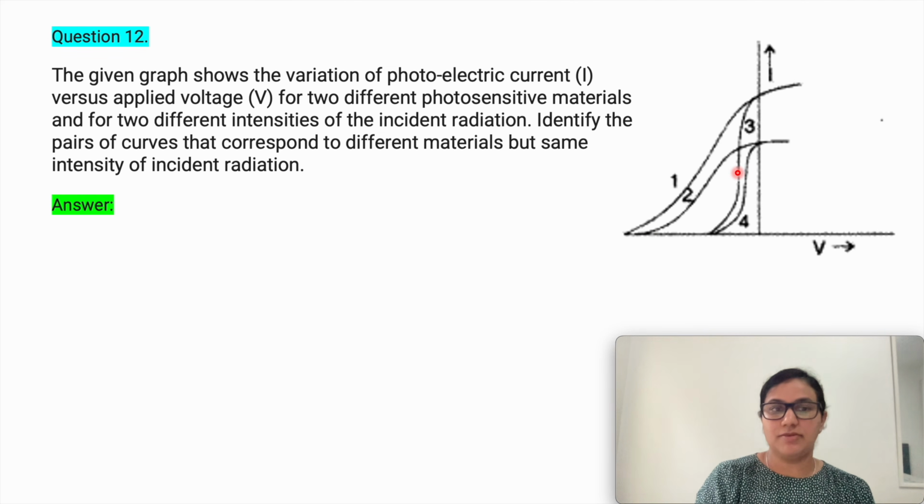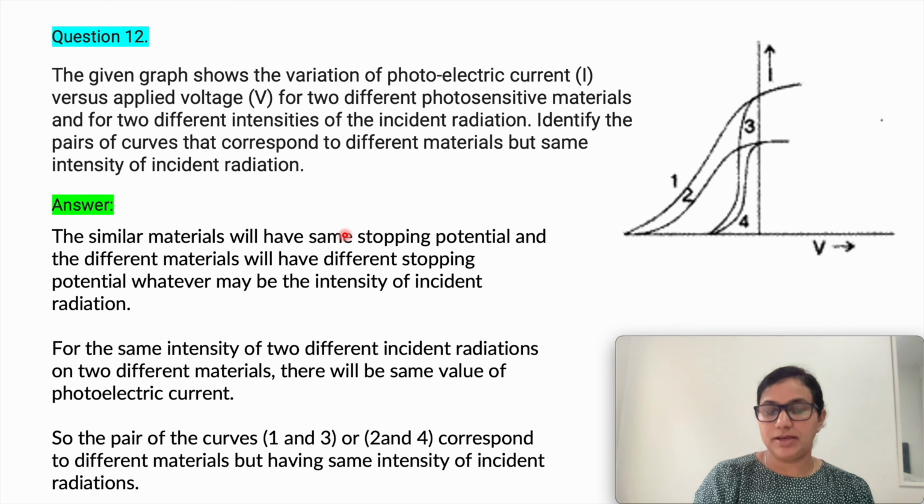So from this graph you can see that the similar materials will have same stopping potential and different materials will have different stopping potential, whatever may be the intensity. So the pair of the curves 1 and 3 correspond to different materials but having same intensity at this point, and the pair 2, 4 is different materials but they have the same intensity at this point.